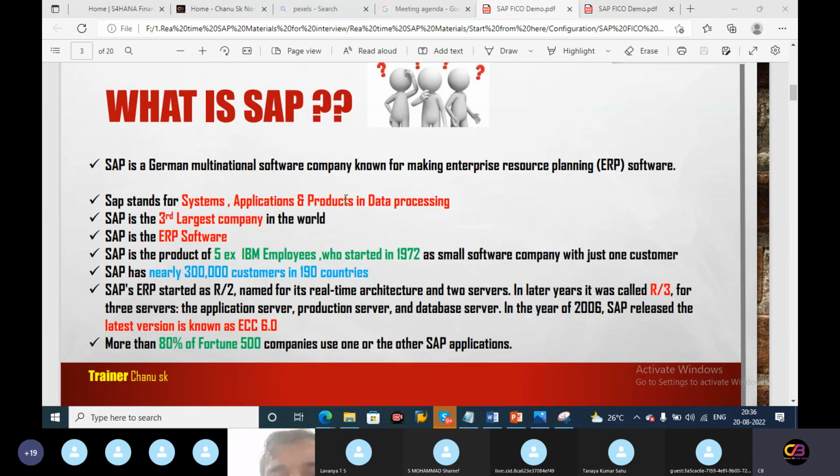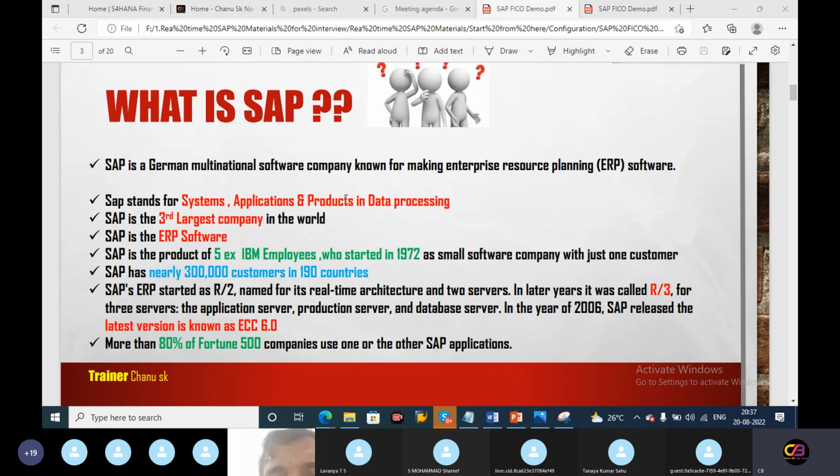SAP is one of the business database software, because all the transactions, all the data will be stored in the SAP database. SAP captures entire information with respect to goods and products and stores it in the database.